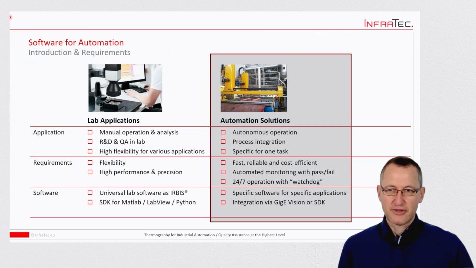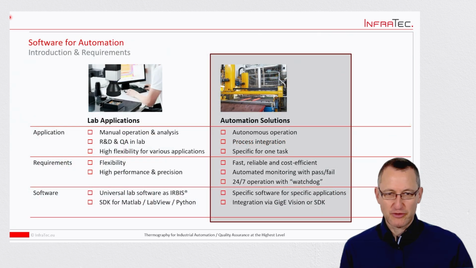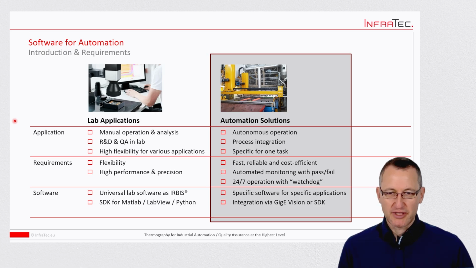In terms of software, I've heard an introduction or comparison about lab software and automation software. So first of all, let's start with the lab applications. In the lab applications, it's typically manual operation and analysis, typically in R&D and quality assurance in the lab. And the requirement is higher flexibility to serve a wide range of applications.